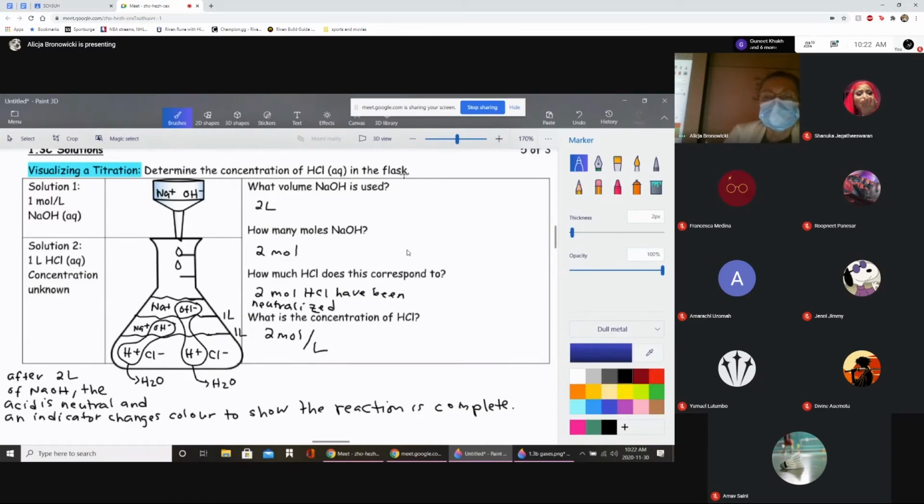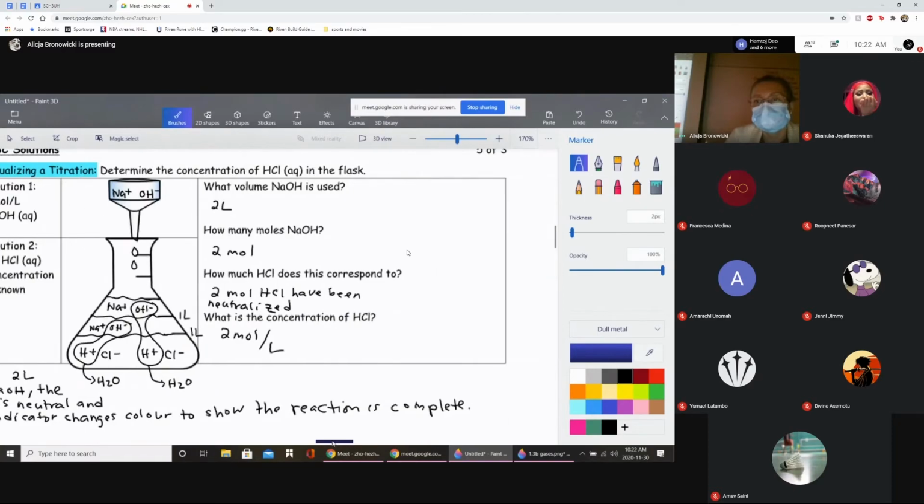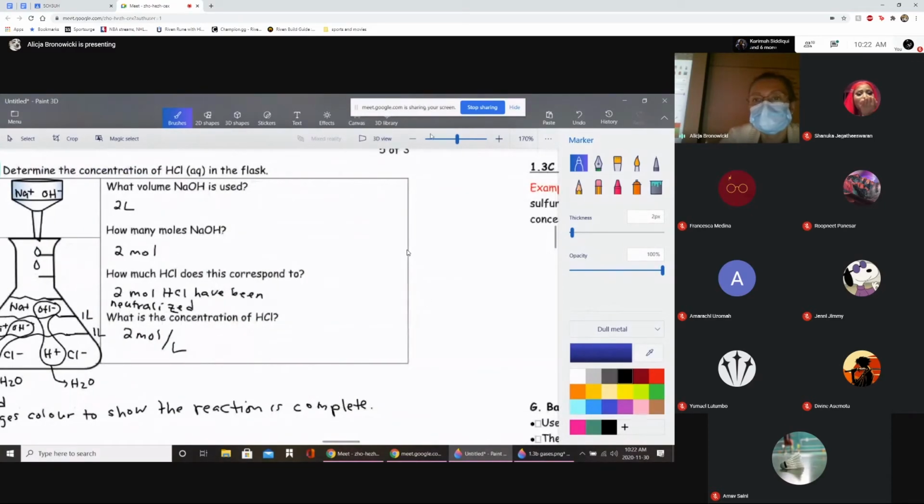Those are the titration calculation steps.